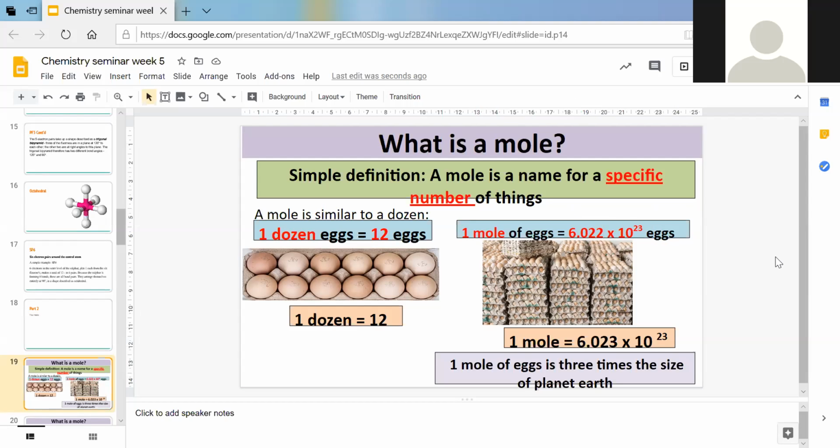It is an unimaginably large number. 6.022 times 10 to the power of 23 is 6.022 followed by 20 more numbers, maybe 19. If you had 1 mole of eggs, it would be 3 times the size of planet Earth.